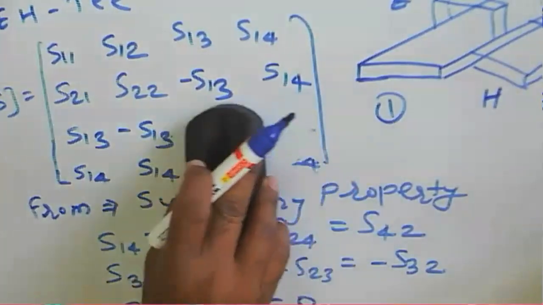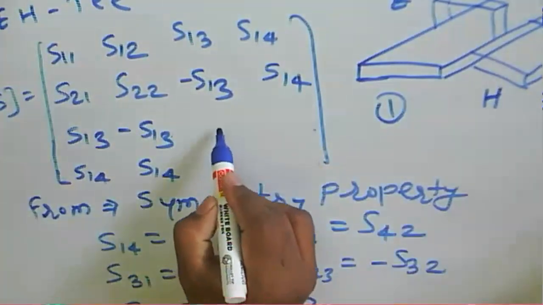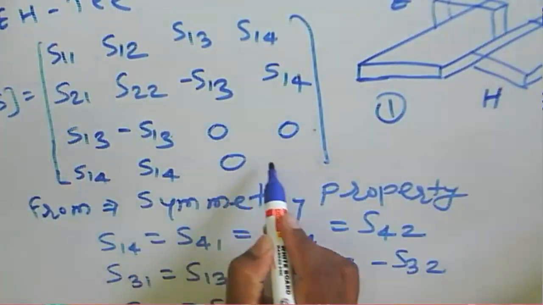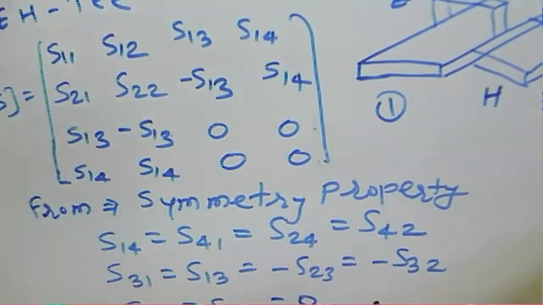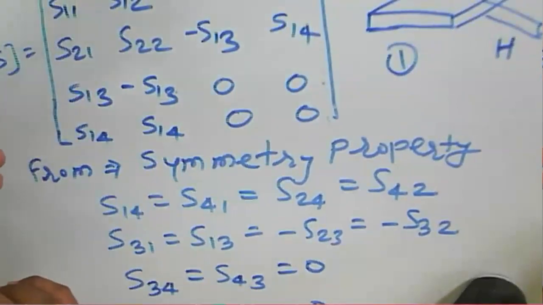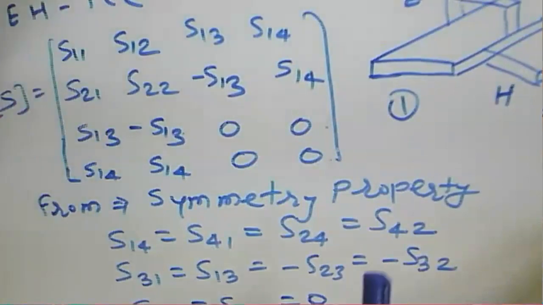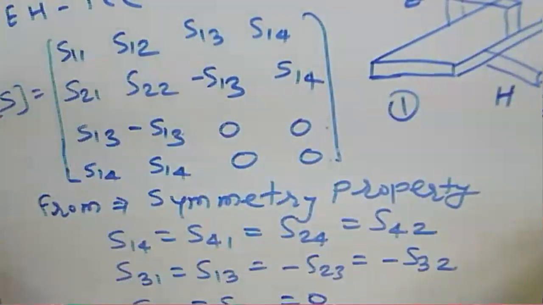For that, we're supposed to find out that these are the zeros and this one is also 0. Now we will consider that the property is here, all the properties, and we can obtain what the matrix is. As we mentioned, this port is perfectly matched because port 1 and port 2, if supposed to be collinear arms, are to be perfectly matched.